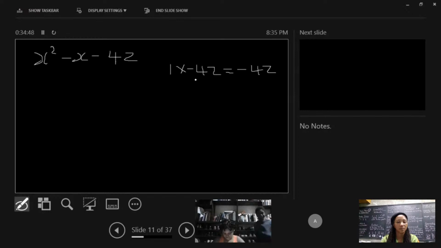So miss, we're going to find the factors of 42, and we're going to see which one, when we add them, miss, we get the negative x. Negative 1, yes. So miss, factors of negative 42.